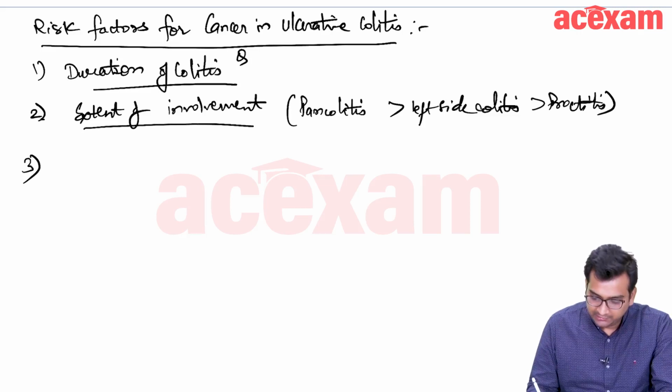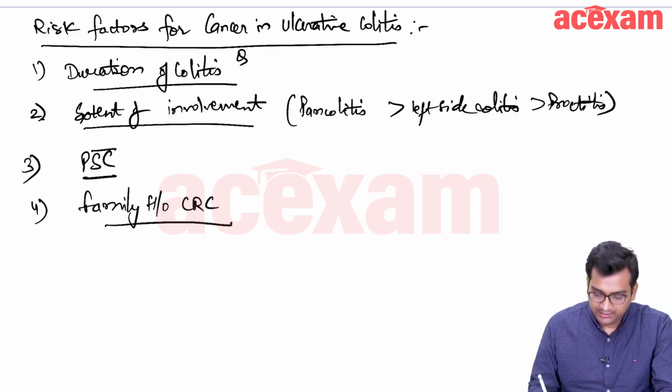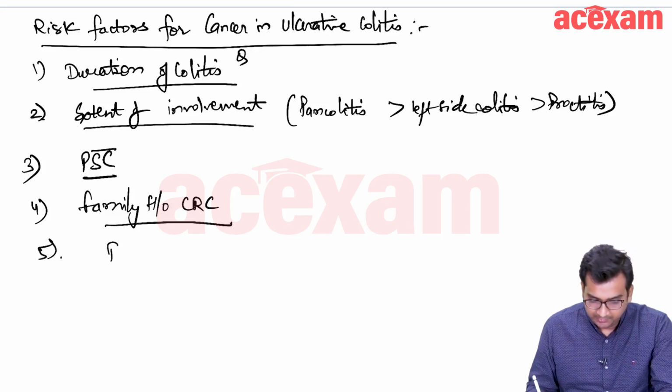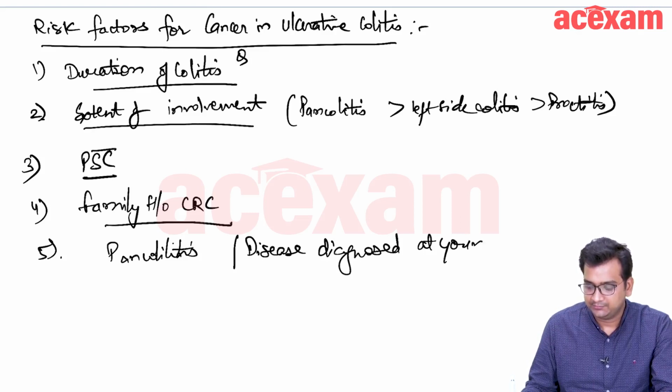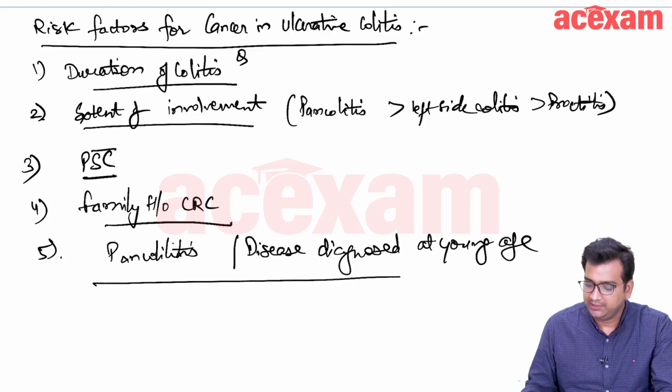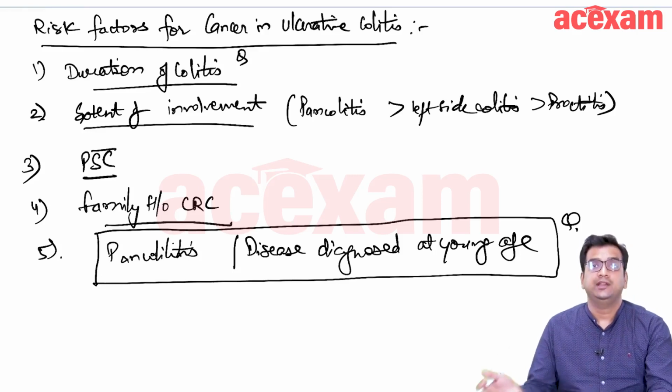Others are presence of PSC or primary sclerosing cholangitis or a family history of colorectal cancer. And another thing is pan colitis with disease diagnosed at young age, then there is a very high likelihood of developing malignancy later on.